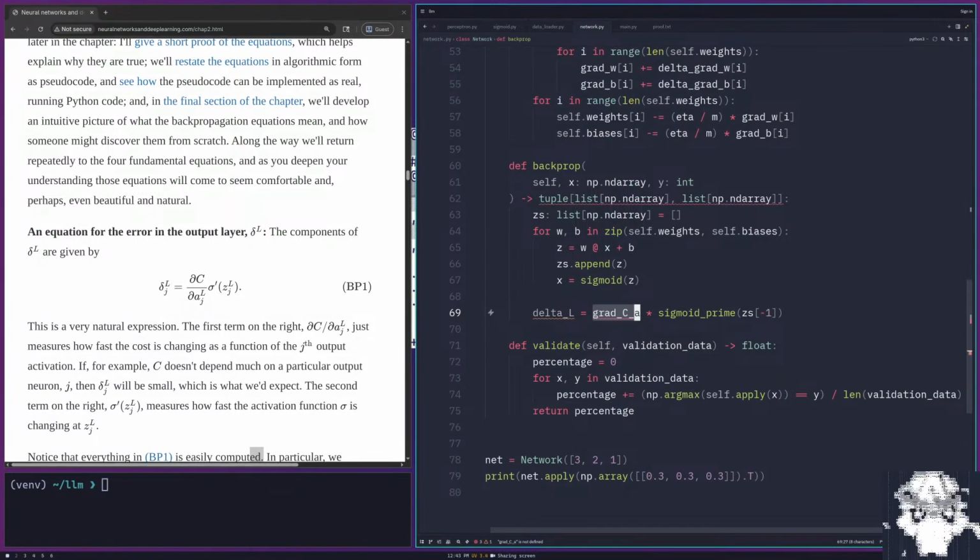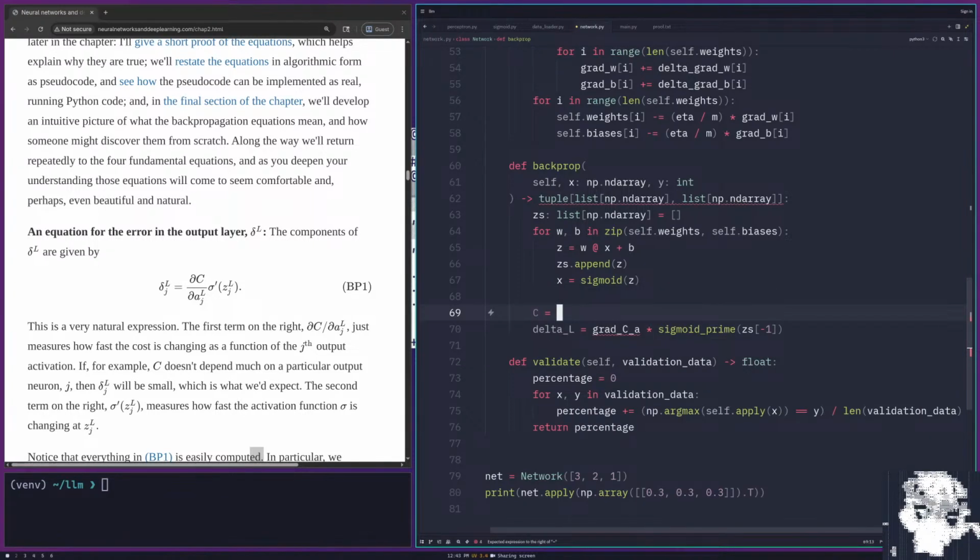But I don't know how to calculate this value. Derivative of the cost function with respect to A. I guess I do know how to calculate that because the cost function is this, right? C is equal to A minus, or this is X because it's the last A. I can do the same thing.